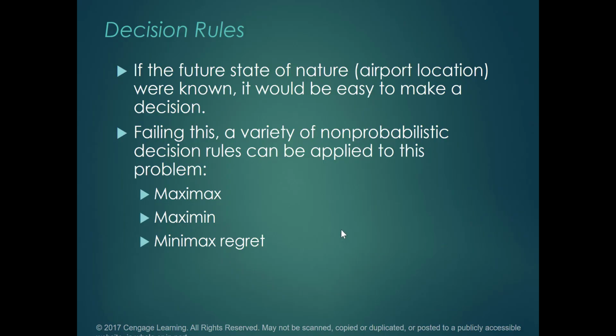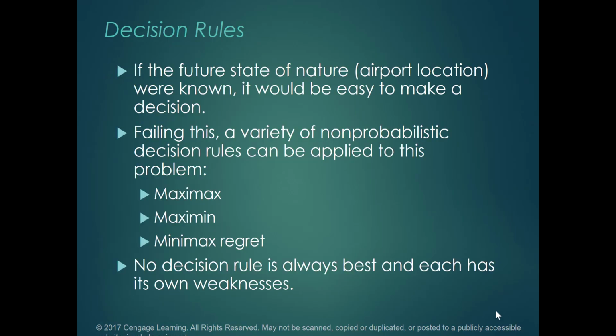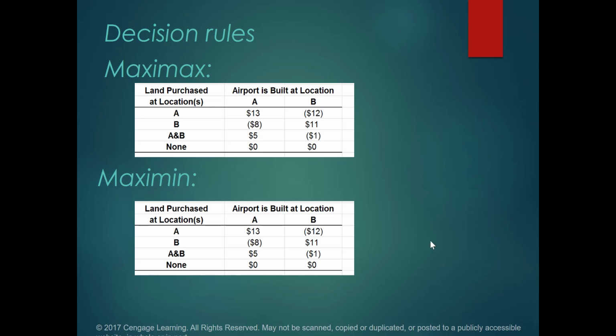None of these rules are the best rules, and basically each of these rules may have their own weaknesses that we will cover. So consider the previous example that we had and the payoff matrix. To apply the maximax, we get the maximum of each alternative. So alternative A, B, and none, we get the maximum.